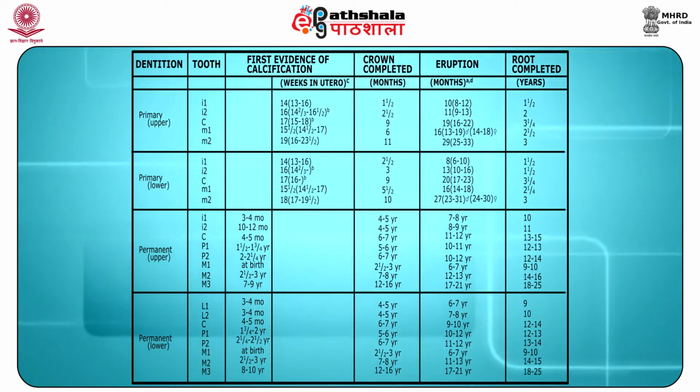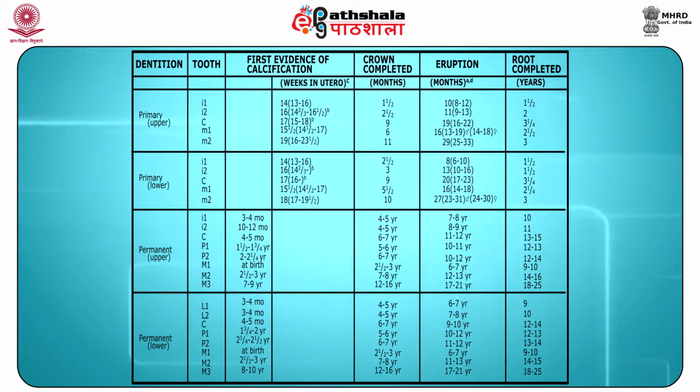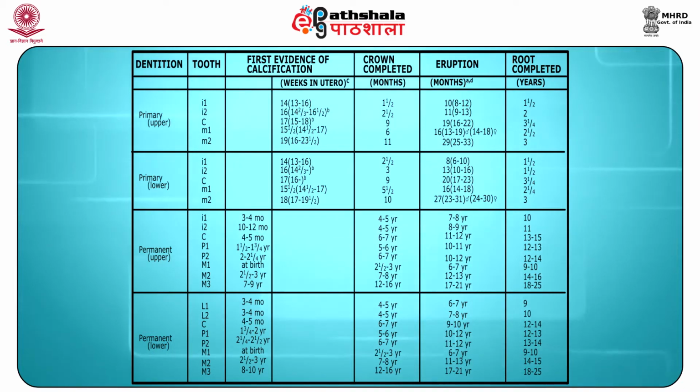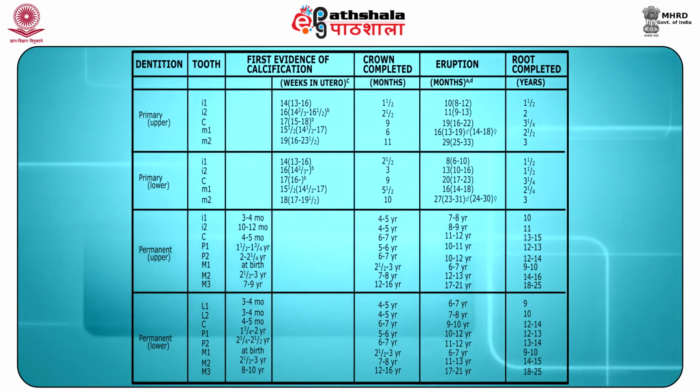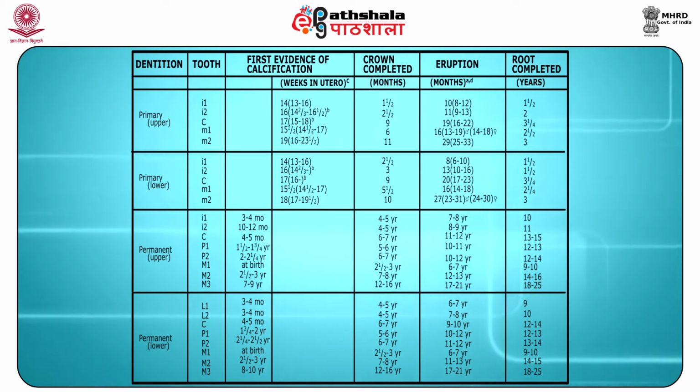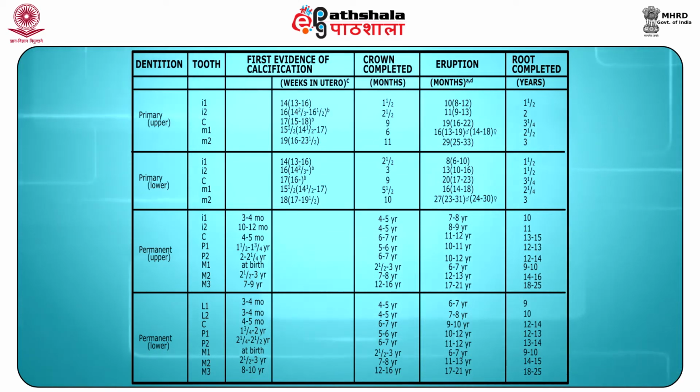The third molar, which is very important from this point of view, the root formation starts at the age of 7 to 9 years, but it completely erupts at the age of 17 to 21 or even up to 25 years, whereas the root is completed maybe 1 year later, so from 18 to 25.